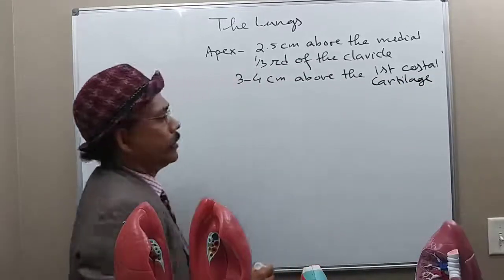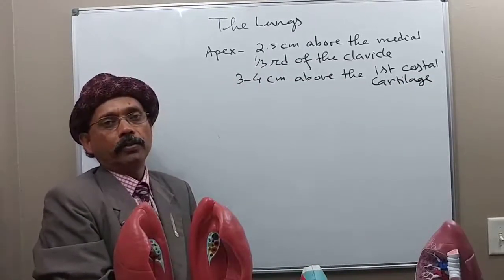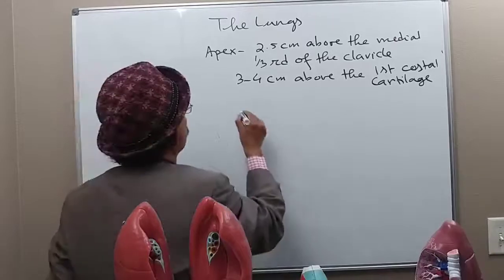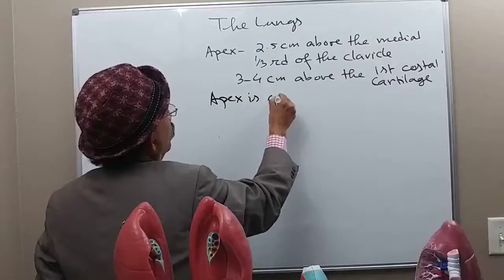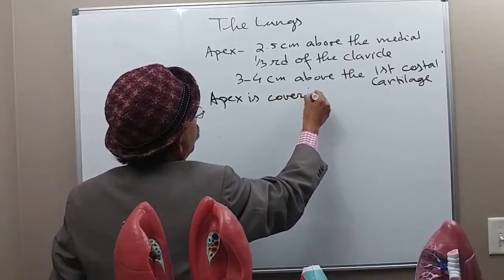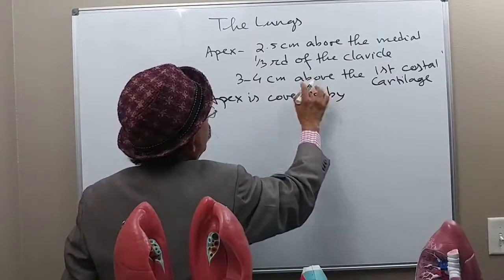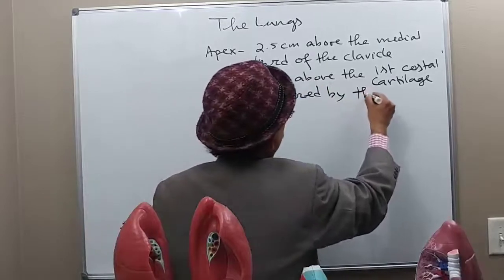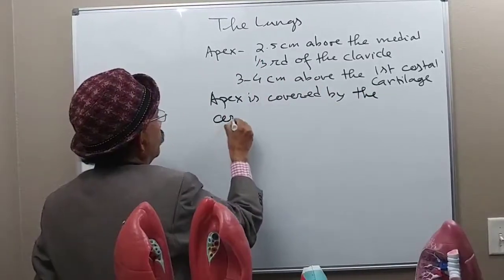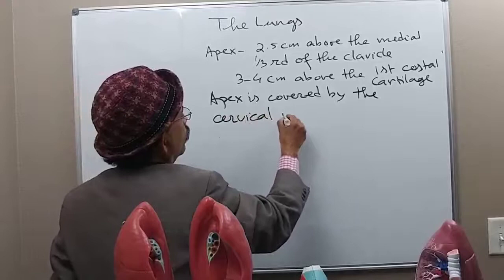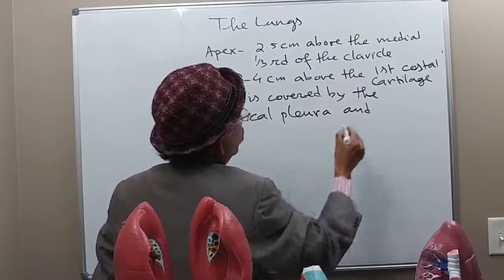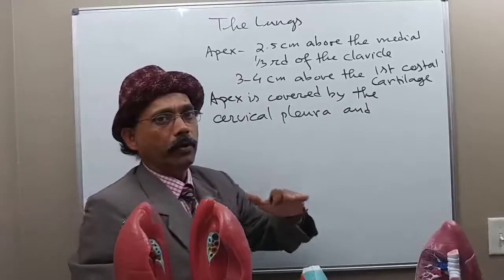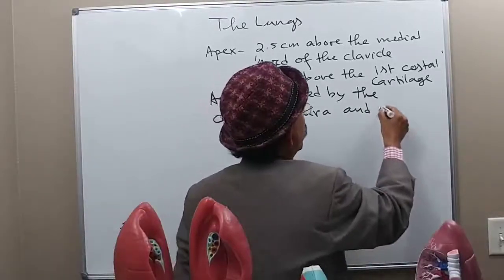The apex is covered by the cervical pleura, and the cervical pleura is covered by the suprapleural membrane.